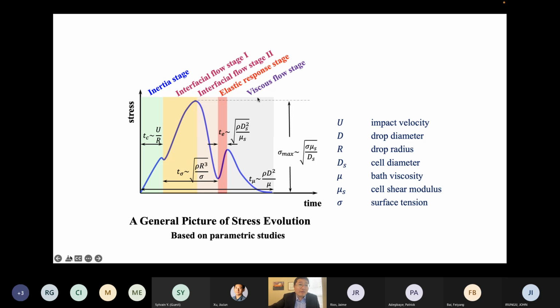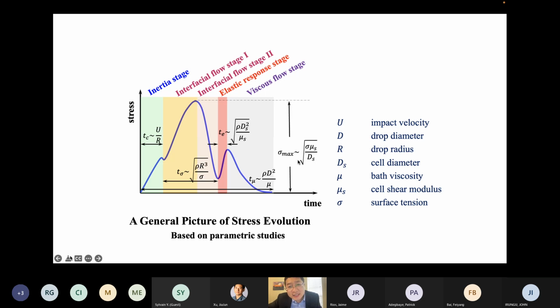Afterwards, we have the elastic response stage. In this stage, because of the elastic nature of the cell, mainly contributed by the cytoskeleton structure inside the cell, the cell stress will increase, but it's a small peak. Essentially, it will go down, and that is a viscous flow stage. The total time is governed by the viscous flow stage.